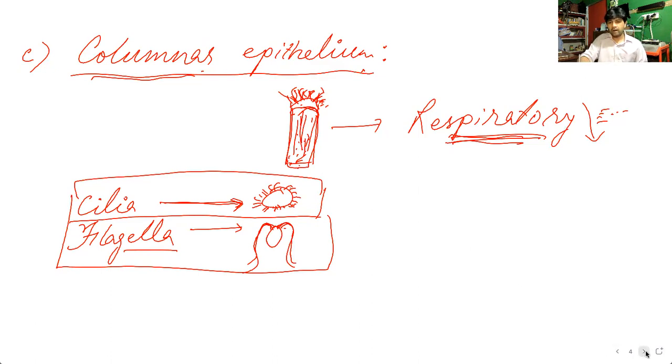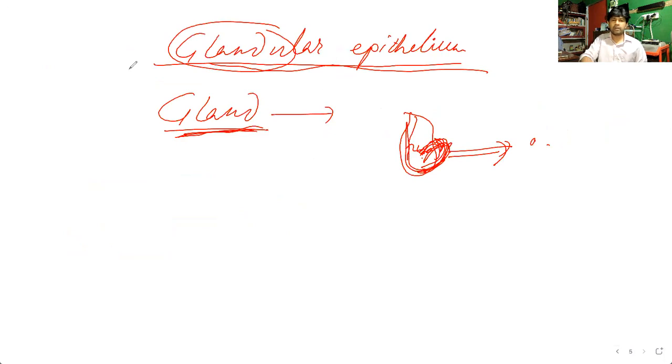Then we learned about the glandular epithelium. In some cases, it is observed that some epithelial tissue, maybe stratified, maybe squamous, maybe cuboidal, maybe columnar, any type of epithelial tissue sometimes folds on one side and forms a gland. That is said to be the glandular epithelium.